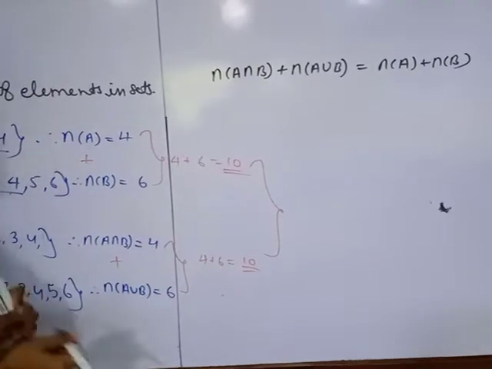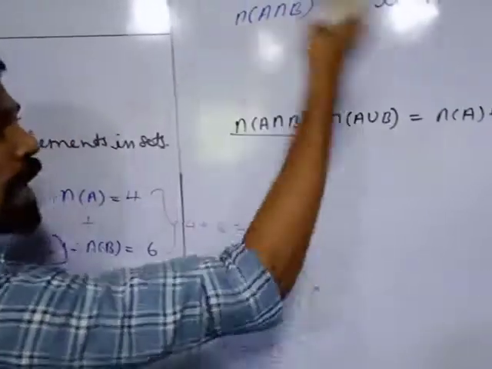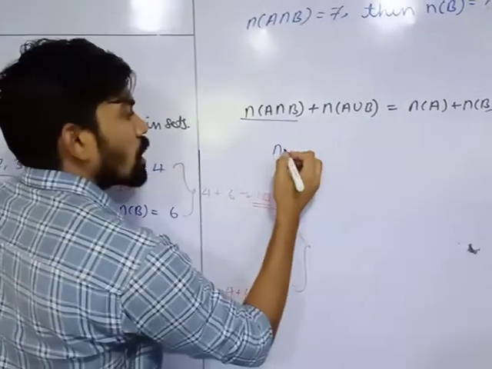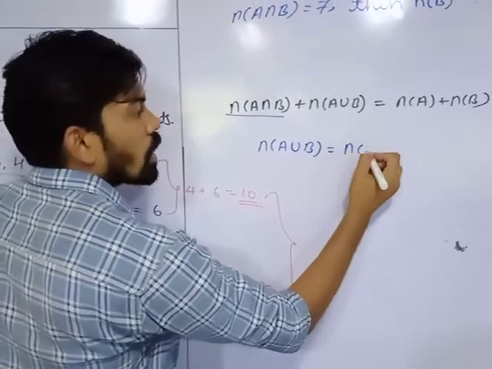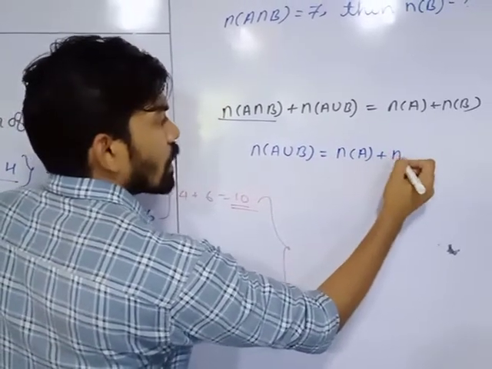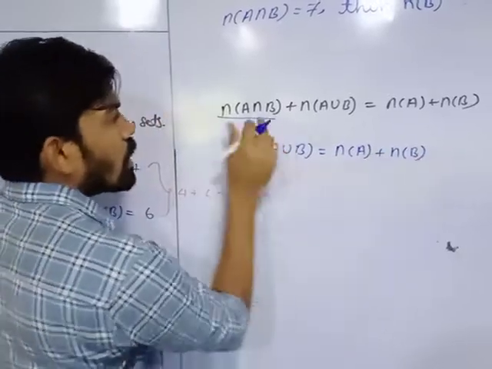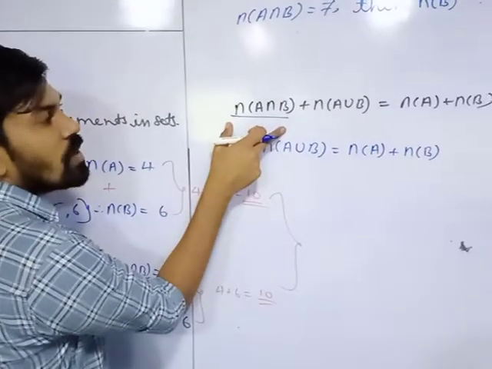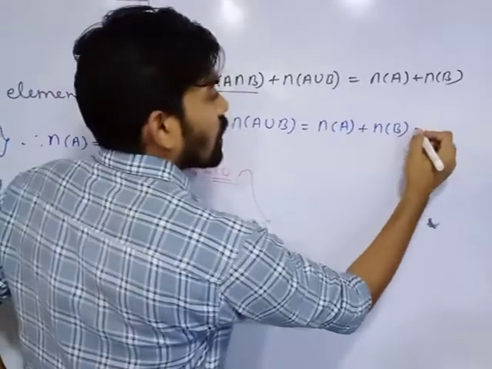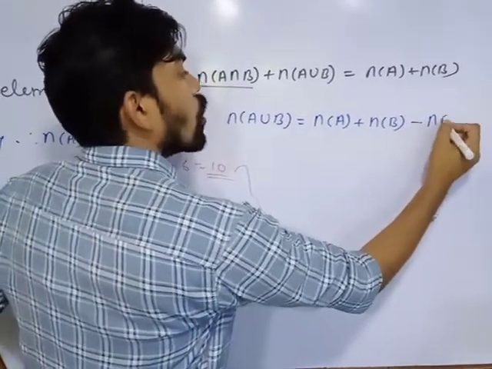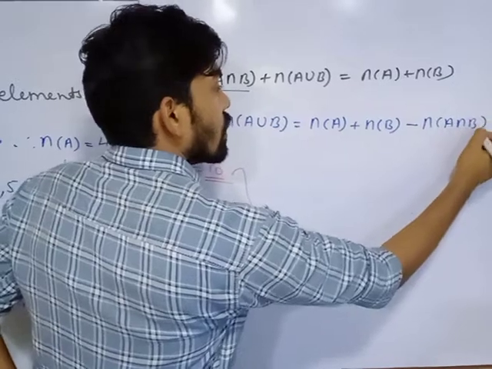The next line, can we take this to the other side? So n(A union B) is equal to n(A) plus n(B). This n(A intersection B) is an addition; when it goes to the other side, it will become minus n(A intersection B).